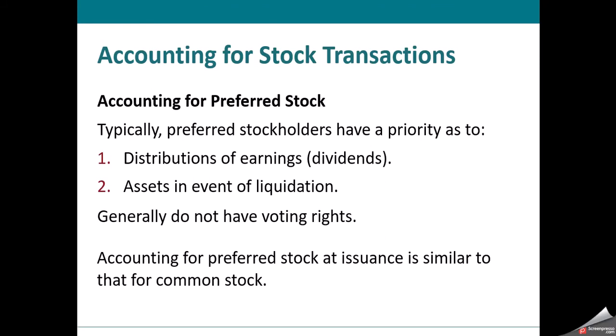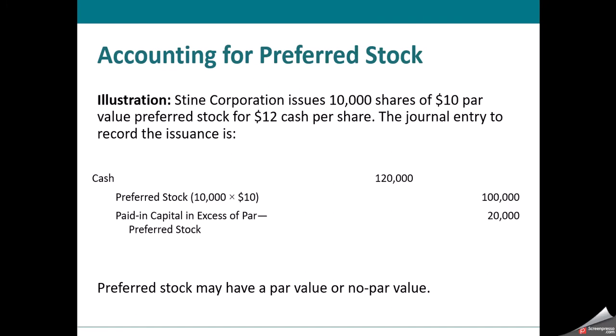And if the company were going bankrupt and the assets are being distributed, like I said, the common stockholders are last man on the list. The preferred stockholders come above them, so they would get their money before the common stockholders. But our accounting transactions are very similar. Here we have 10,000 shares of $10 par value preferred stock that they sold for $12 a share.